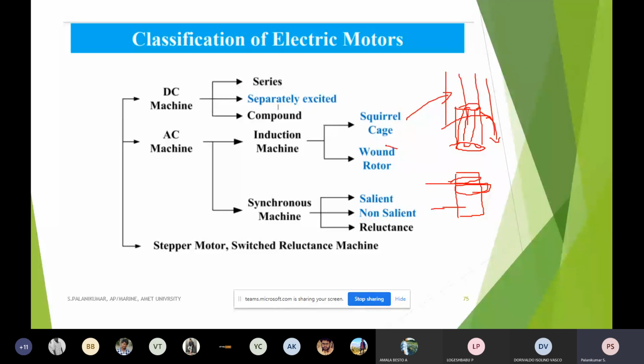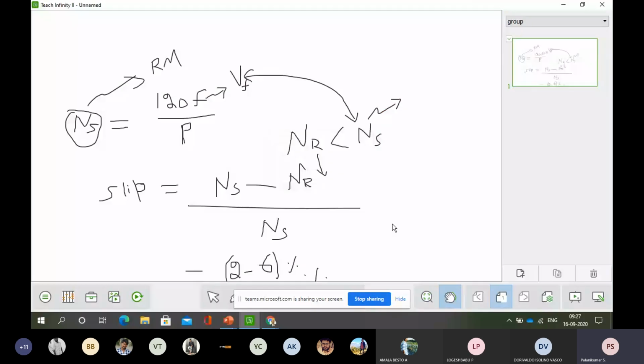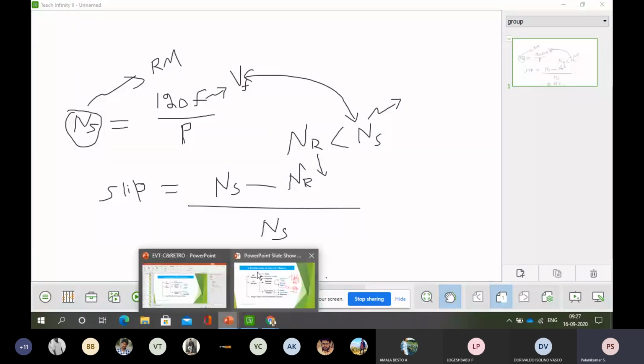Why are we going for another configuration called the wound rotor? A wound rotor motor can produce very high starting torque if a resistance is added at the initial beginning. When we start the motor, resistance is added to the rotor circuit, and because of that I can produce very high torque.